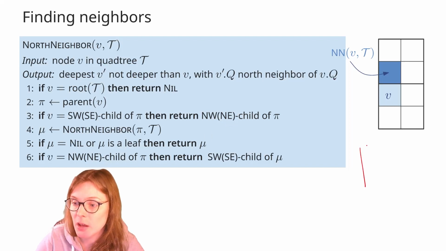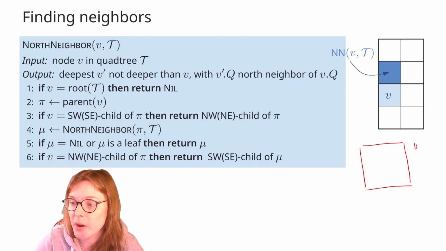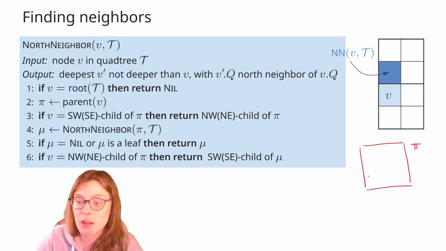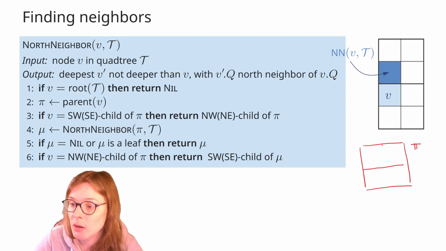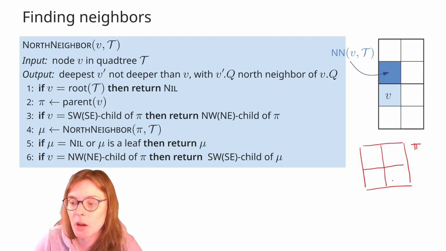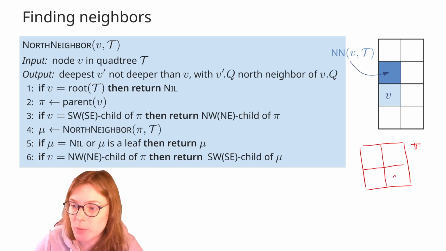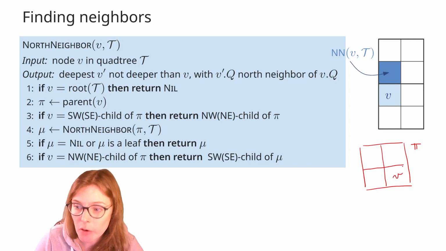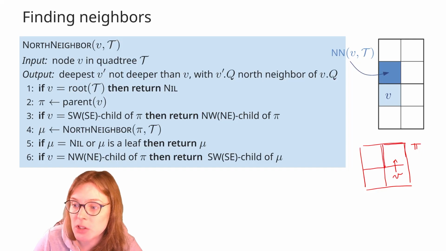That is, if this is the parent pi and the node v corresponded to southwestern square, then we simply need to return the northwestern child of pi. And similarly, if v corresponded to southeastern child of pi, then we simply need to return the northeastern child of pi.